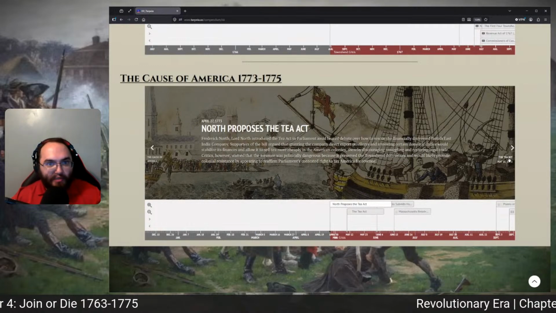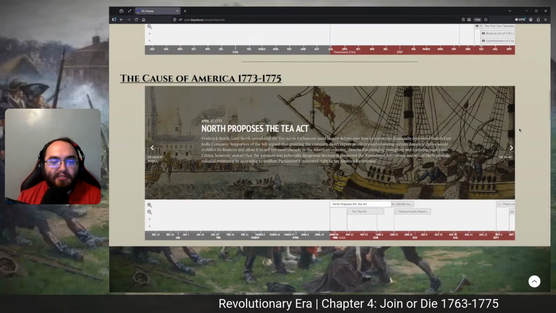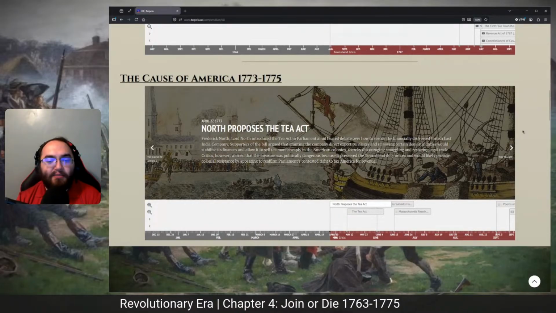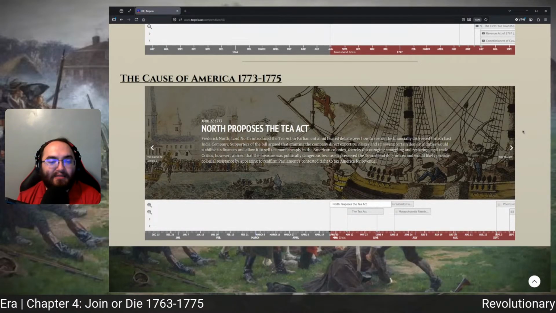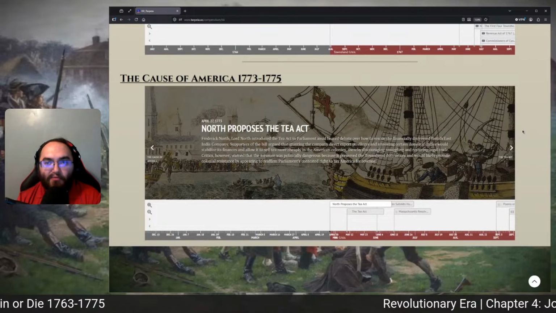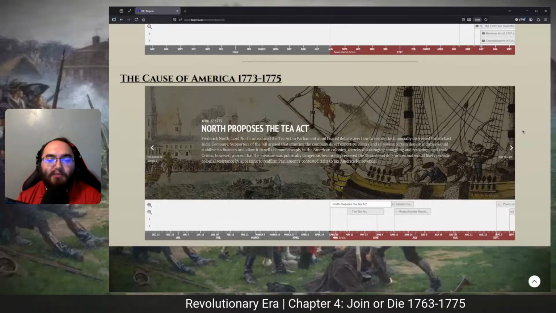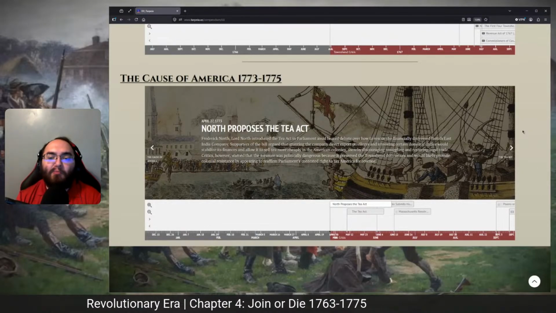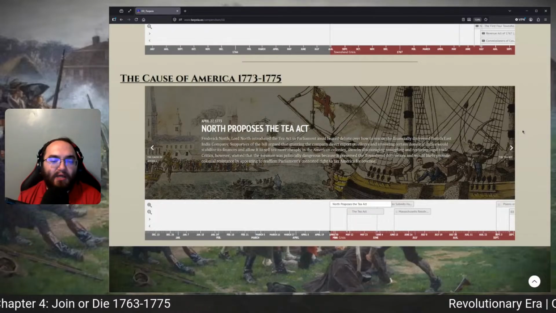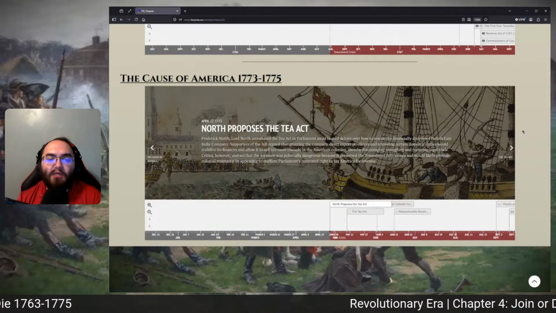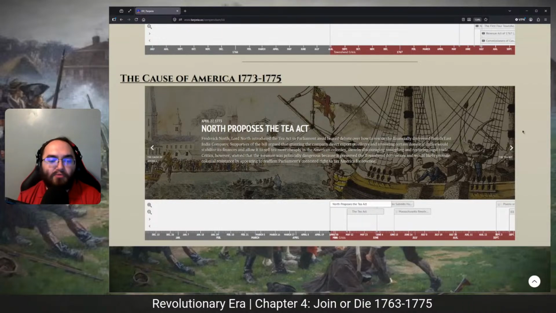So Lord North, he is the Prime Minister of England at this time, and he introduces the Tea Act to Parliament amid heated debate over how to rescue the financially distressed British East India Company, along with the credit crisis that's going on. Supporters of the bill argued that granting the company direct export privileges and removing certain domestic duties would stabilize its finances and allow it to sell tea more cheaply in the American colonies, thereby discouraging smuggling and restoring legal trade.